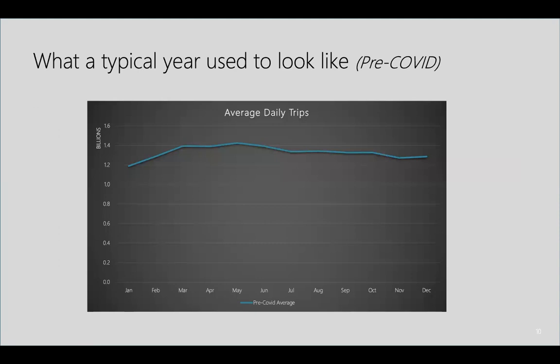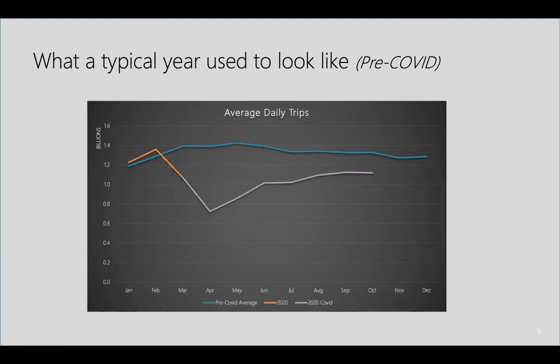So this looks at what a typical year used to look like. Average daily trips, you can see in January it climbs up and you get through the middle of the year at the height, and then it dips off through the fall and winter months. Pretty typical, pretty standard. With COVID, you can see in the beginning of last year, I don't know if you recall, it feels like forever ago, but it was a mild winter.